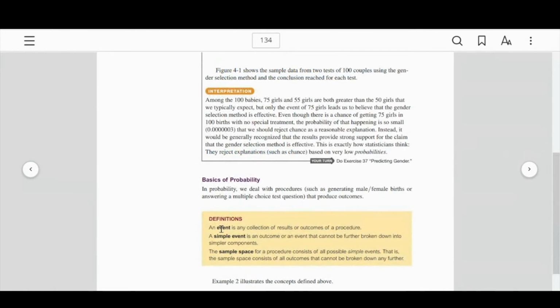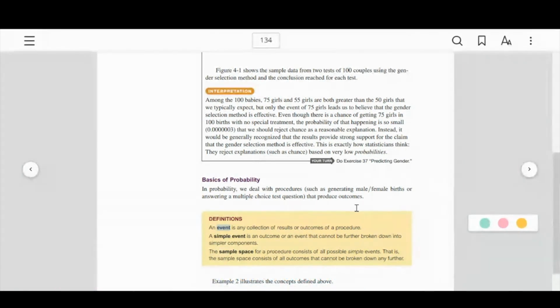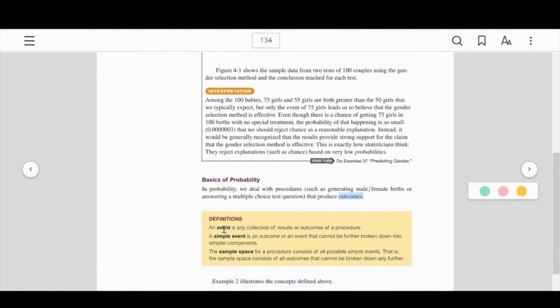Here are the definitions that I skipped over. I said they're important. An event is any collection of results or outcomes. And you think, wait, outcome, where's the definition of an outcome? Well, an outcome is what happens from a procedure. So you perform a procedure and you get some outcome, and then you combine those outcomes and you get an event.